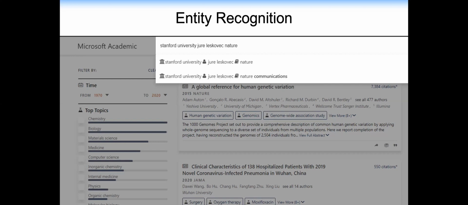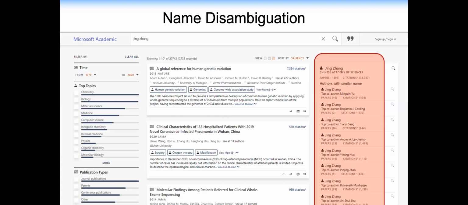Say, how do we recognize Stanford as an institution, a name as a scholar, and when you input Nature, we try to understand you mean the journal Nature, right? And this entity recognition problem can be even more challenging when it faces the name disambiguation issue.